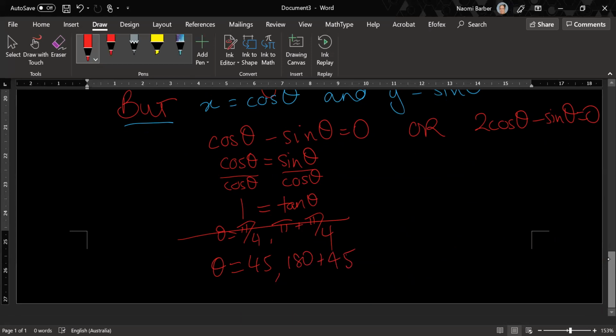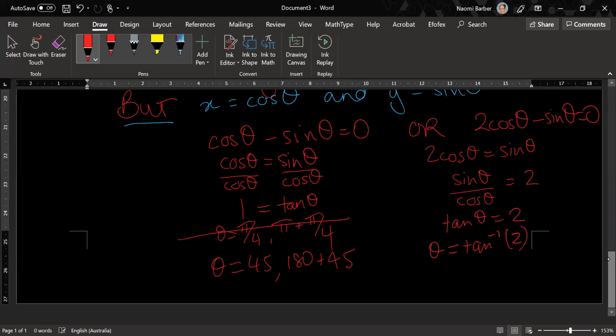Okay. Or I have 2 cos theta equals sine theta. So sine theta over cos theta equals 2. Tan theta equals 2. Theta is inverse tan of 2. And once again, we need to find this in the first or the third quadrant.